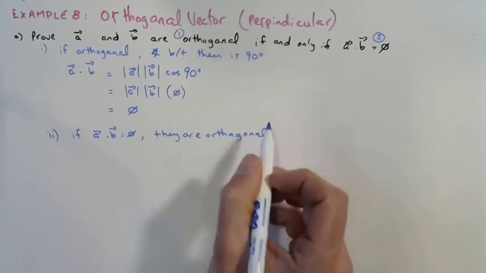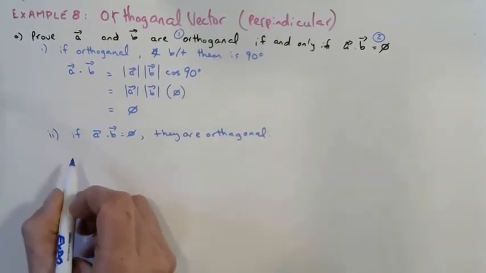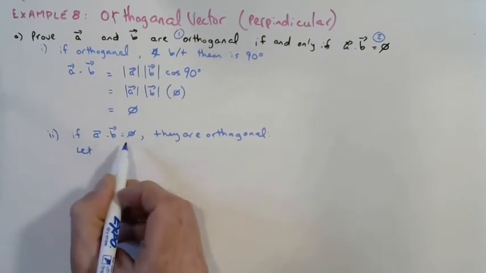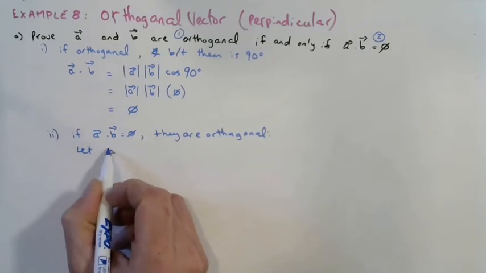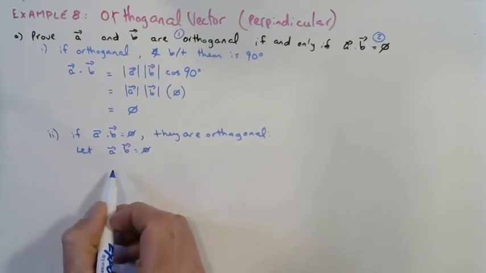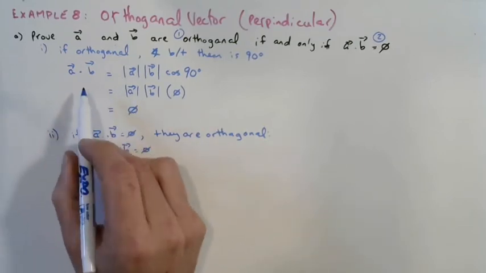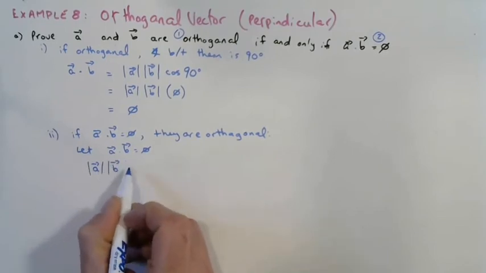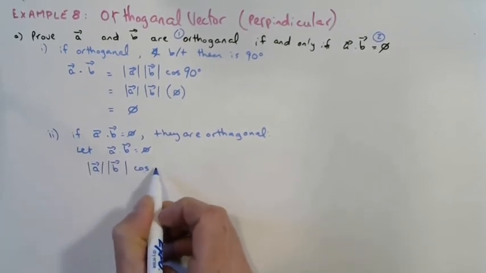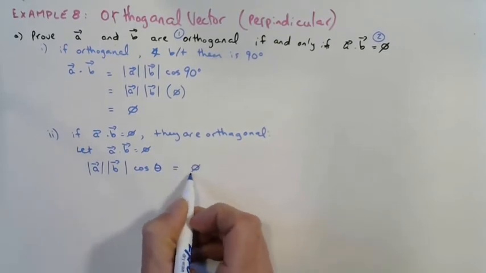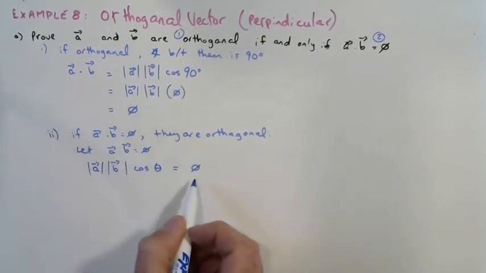Okay, so if and only if means it works both ways. So we're going to let A dot B be 0, which means when we take our formula for dot product, we're going to end up with the magnitude of A times the magnitude of B times the cosine of angle theta, whatever that angle is, equal to 0. The dot product is 0.